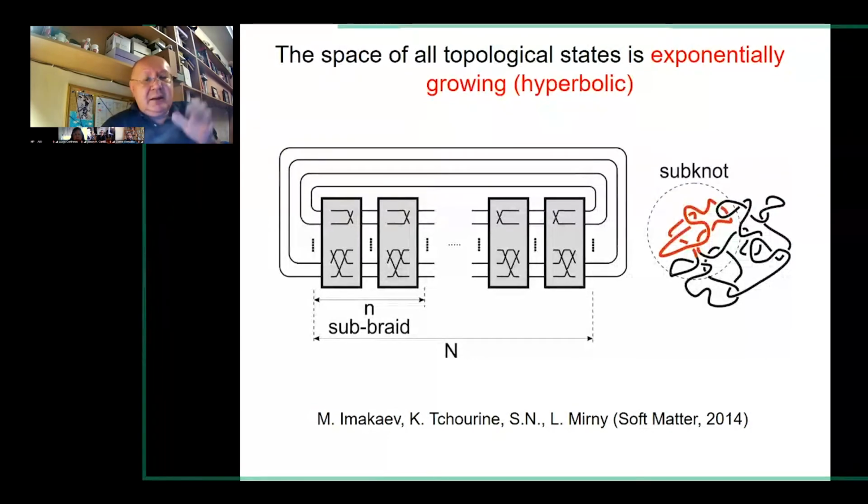Then we colored some part, a subchain such that the initial and final points of this subchain are close to each other in space. We computed the Alexander polynomial of this subchain under the condition that the entire configuration is unknotted.